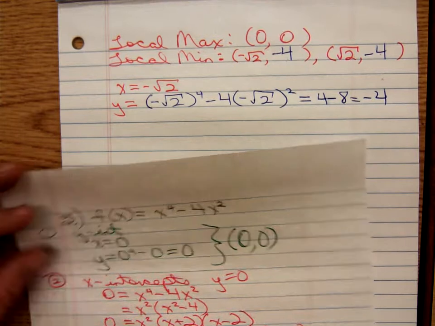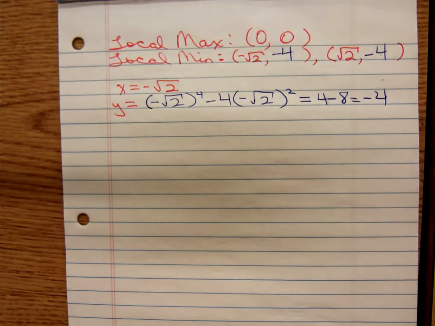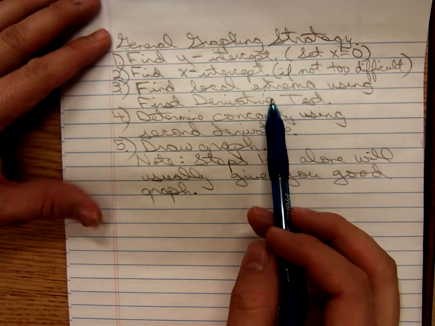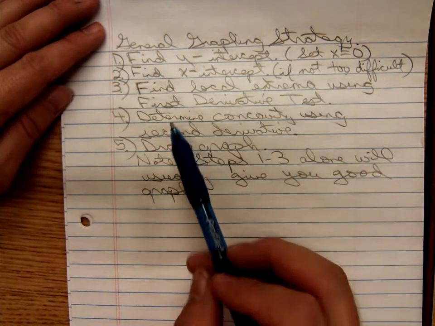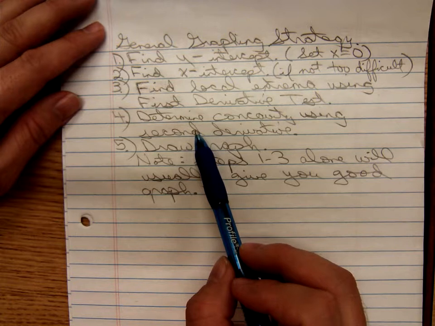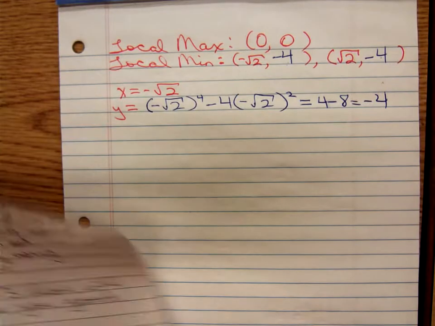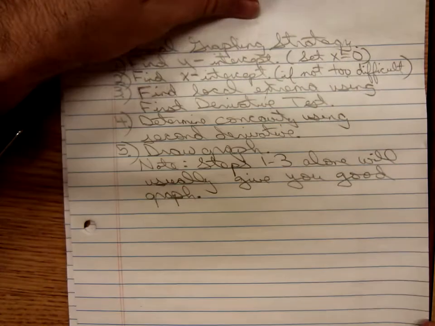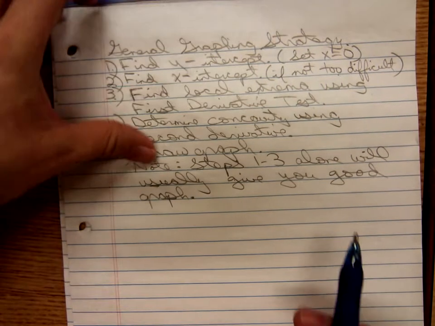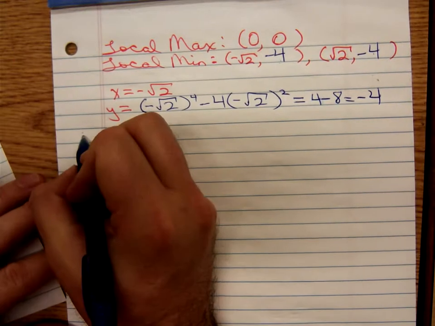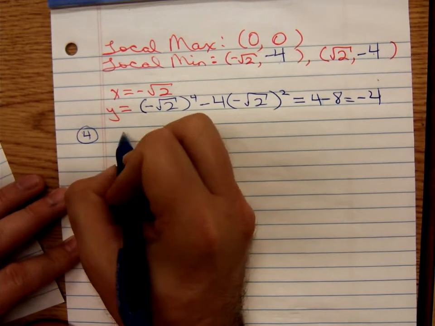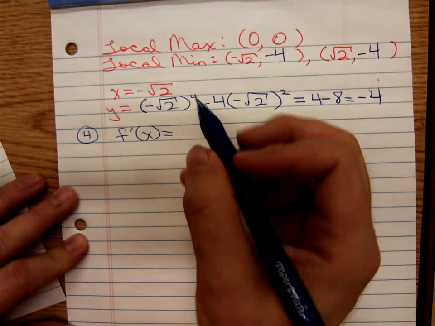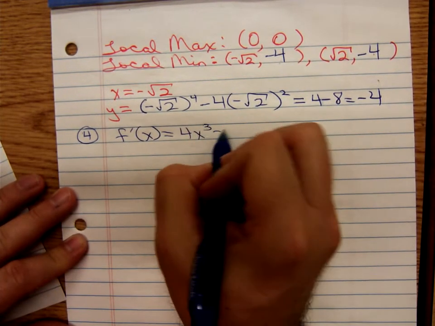We've just now determined local extrema, so we're now moving on to the next step. Determine concavity using the second derivative. Remember, this is the fourth step in our graphing procedure. Remember, we said f prime was 4x cubed minus 8x.